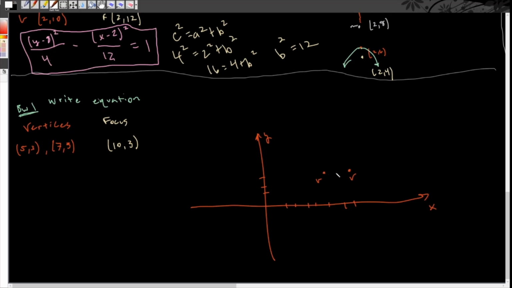My center is in between them at 6, 3. The hyperbola is going through the vertices, so we have a horizontal guy here. And we have a focus at 10, 3.